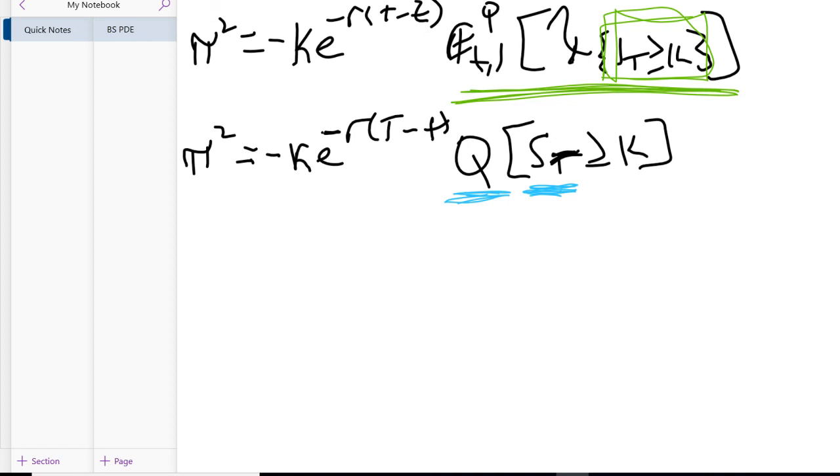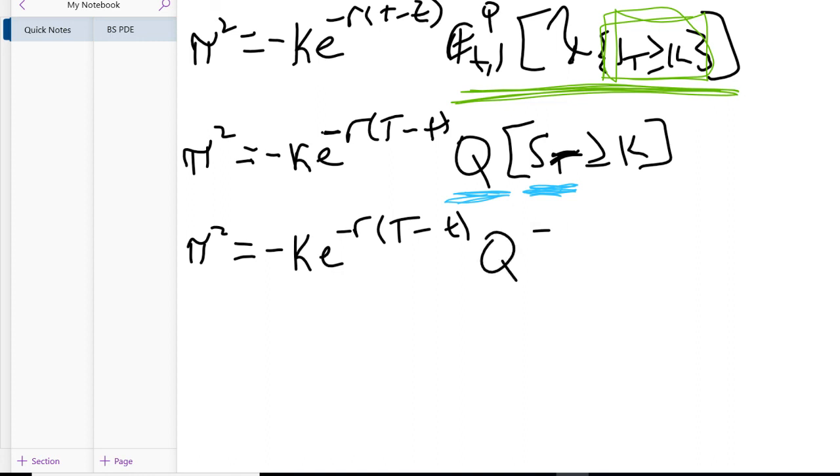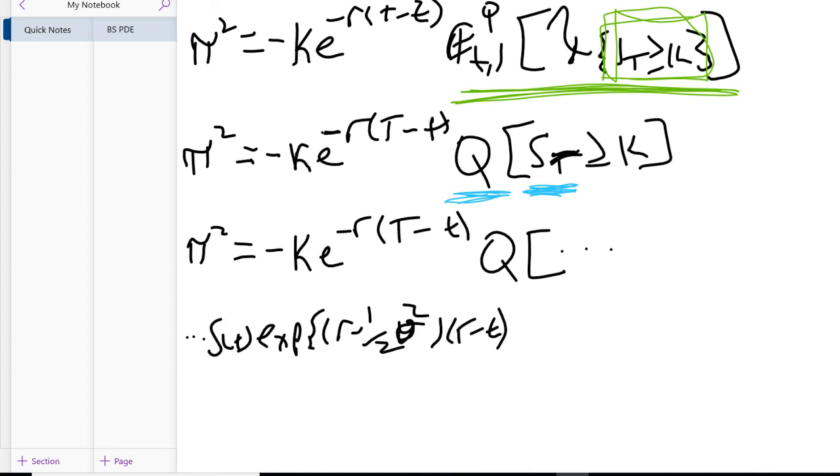So we have pi 2 is equal to negative k e negative r big T minus little t times the q probability that, I'm going to have to extend this down to the next line, Q probability that S at little t times exponential r minus 1/2 sigma squared, big T minus little t plus sigma W^Q big T minus little t.